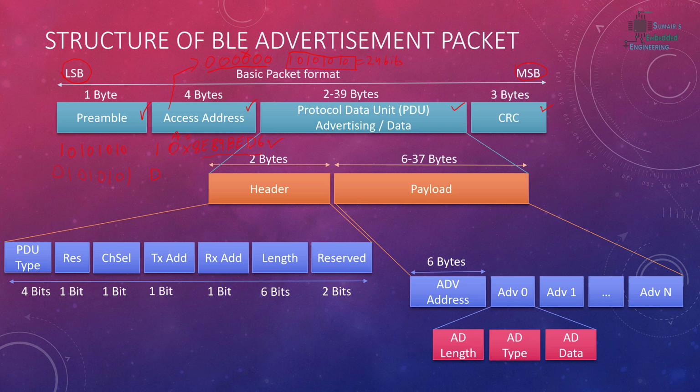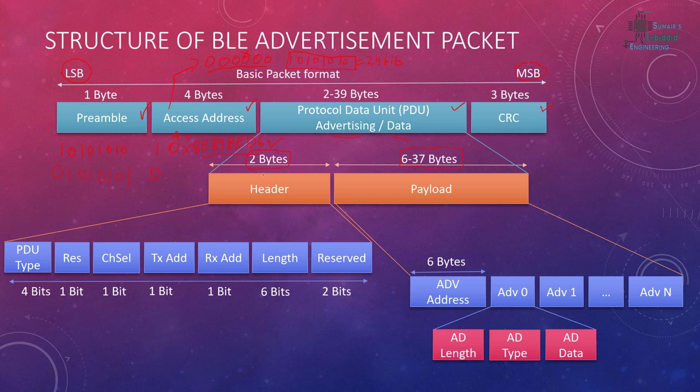Now let's move to the protocol data unit, which is the PDU, and here we can have the advertisement data or other data. The PDU has 2 parts. One is the header, and the header contains 2 bytes, and the payload contains 6 to 37 bytes. It depends on the data.